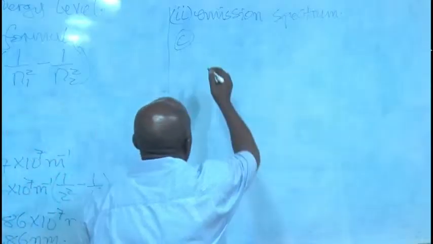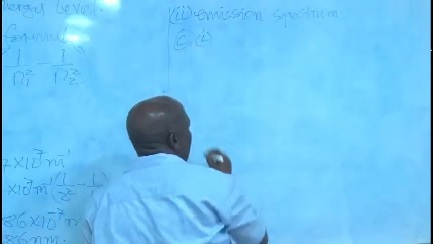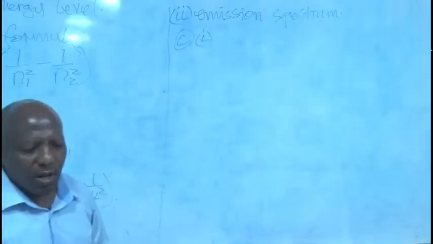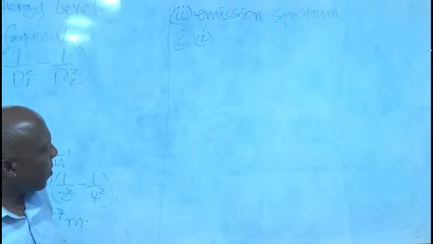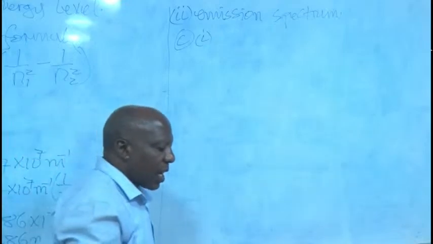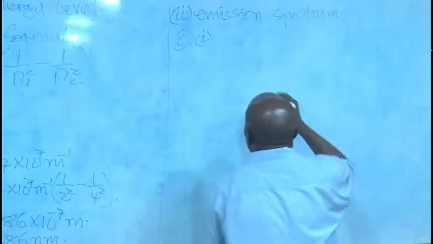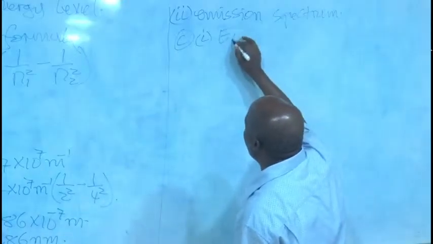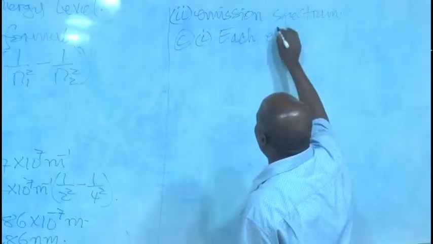The reason each element has its own characteristic color is because each element has its own structure.